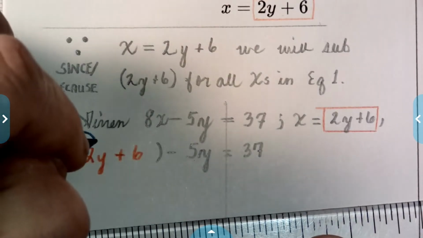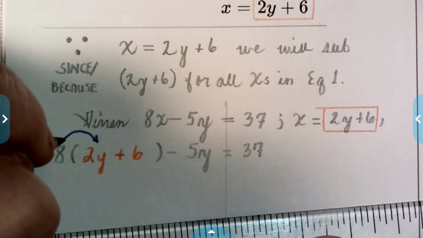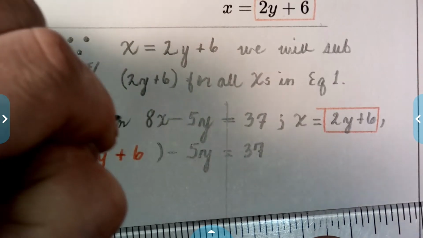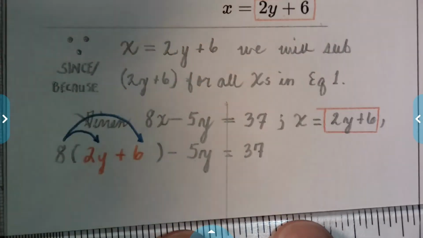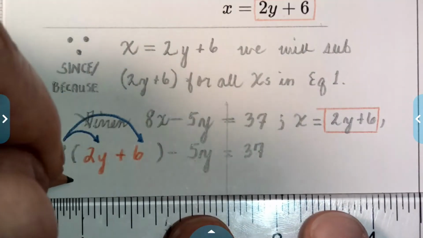The first step is going to be to distribute, multiply the 8 through all the terms there. So 8 times 2y is 16y.